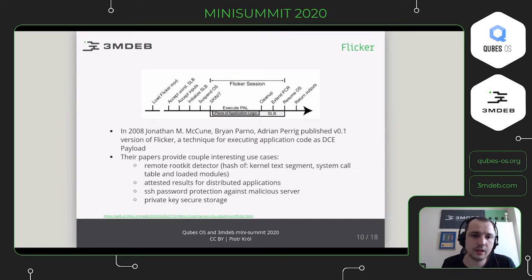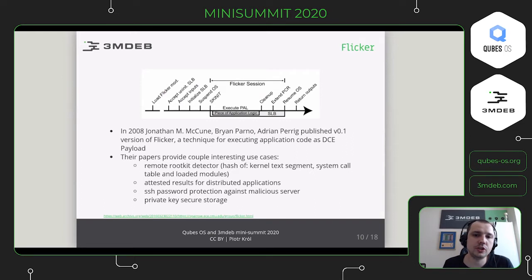So then they created something like attested results for distributed applications. Let's imagine SETI@home, where we had a distributed computing environment, and we want to make sure that results provided by various computing units are not faked.